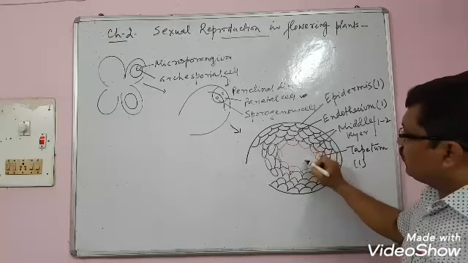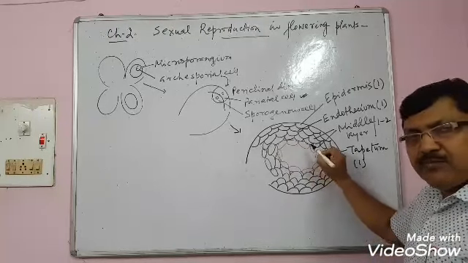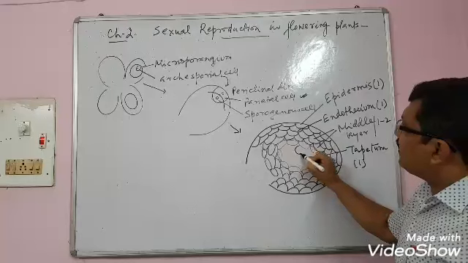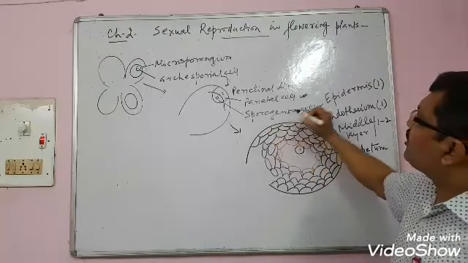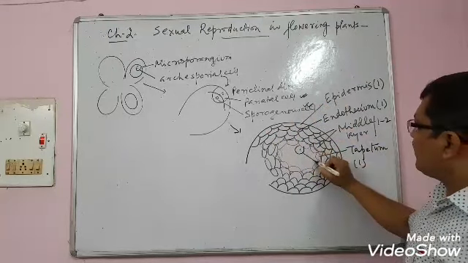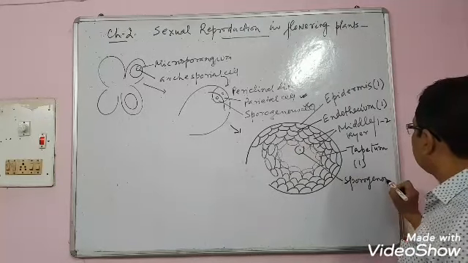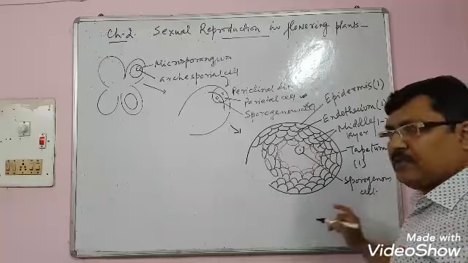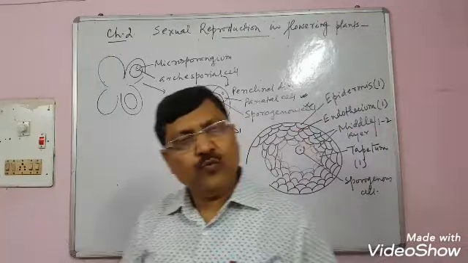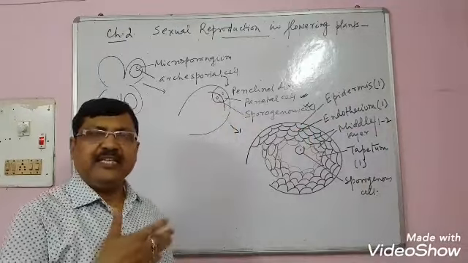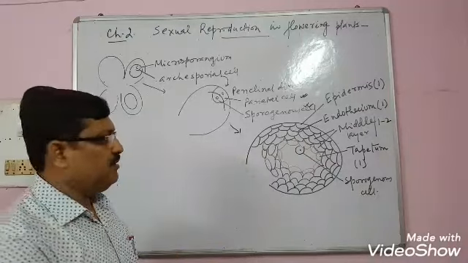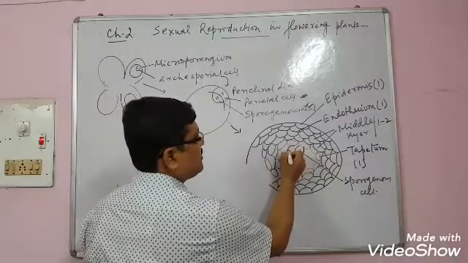And within this red layer, within the tapetum, is the single sporogenous cell. This sporogenous cell will also divide continuously and form many cells.